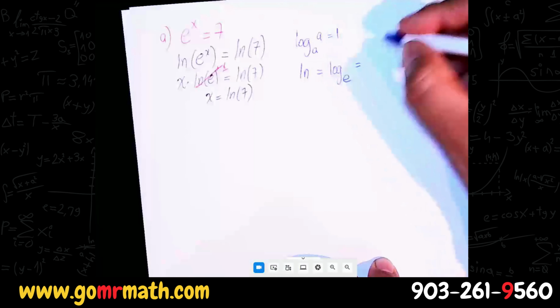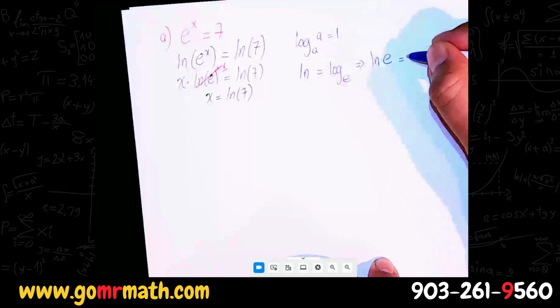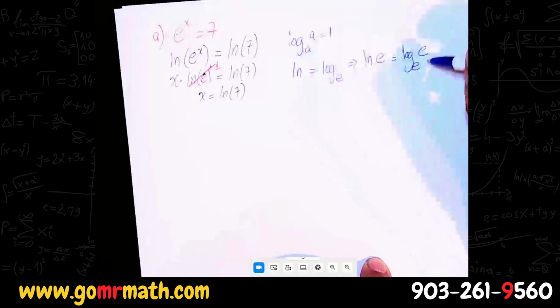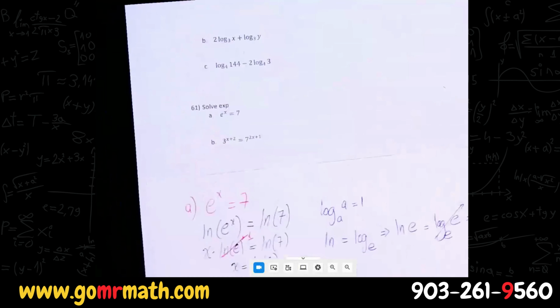So if we have the natural logarithm of e, this is actually the logarithm on base e of e. When the base and the number are the same, this becomes 1 by this property. Okay, let's go to the next exercise.